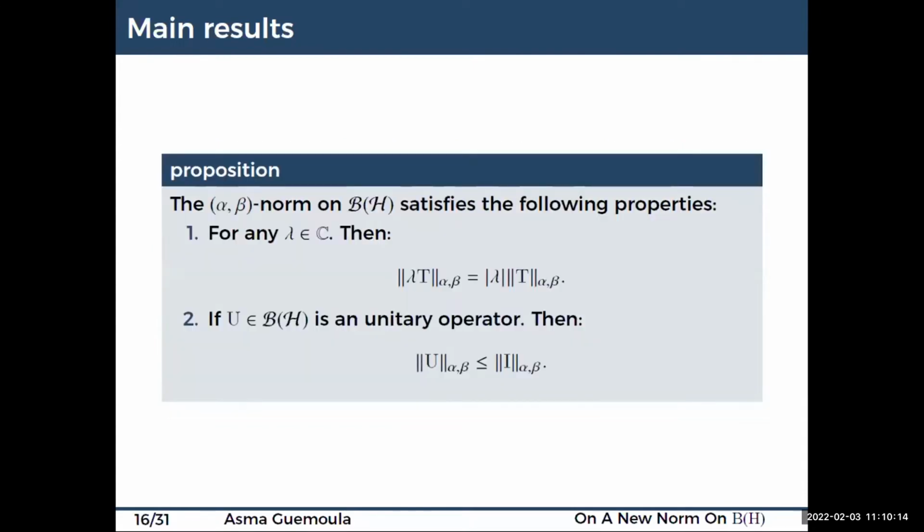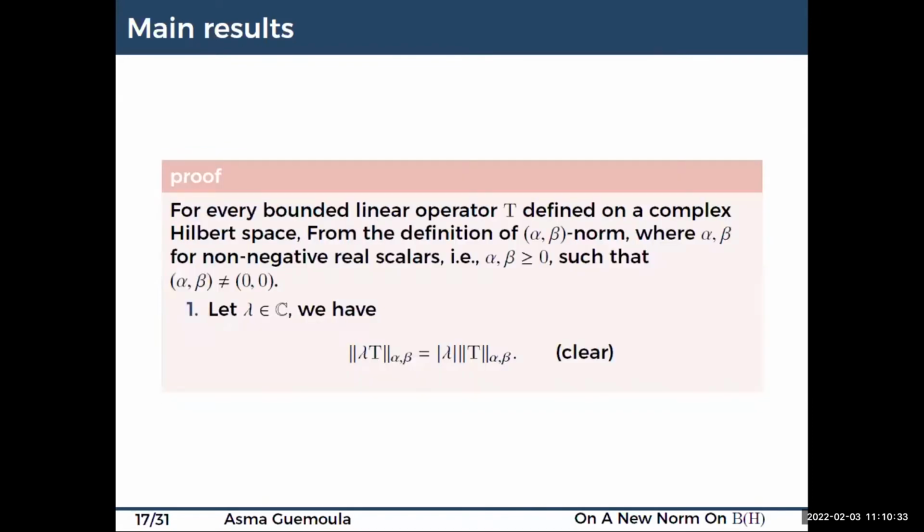Proposition. The alpha-beta norm on B(H) satisfies the following properties. 1. For any lambda in the complex numbers, we get this equality. 2. If U in B(H) is a unitary operator, then we get this inequality. Proof.